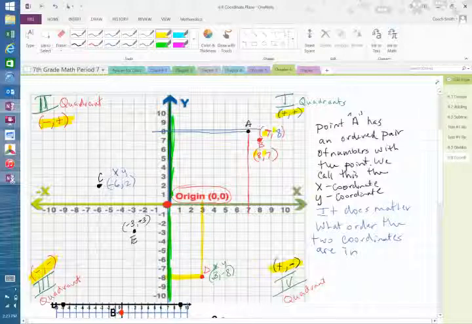Now, let's talk about points that fall on the axis. Right there at -8, there's a point. We'll call that point F. What are the coordinates of point F? Where does it cross the x-axis?